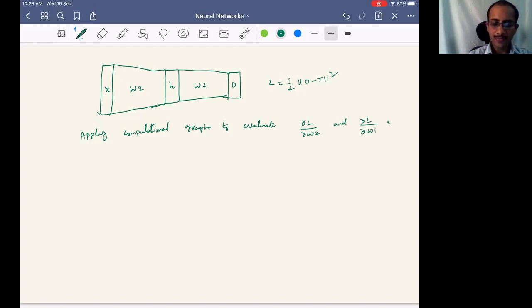Now you're audible. Yeah, fine. So what are the other advantages of using computational graphs? Don't know, sir. Yeah, fine, good.